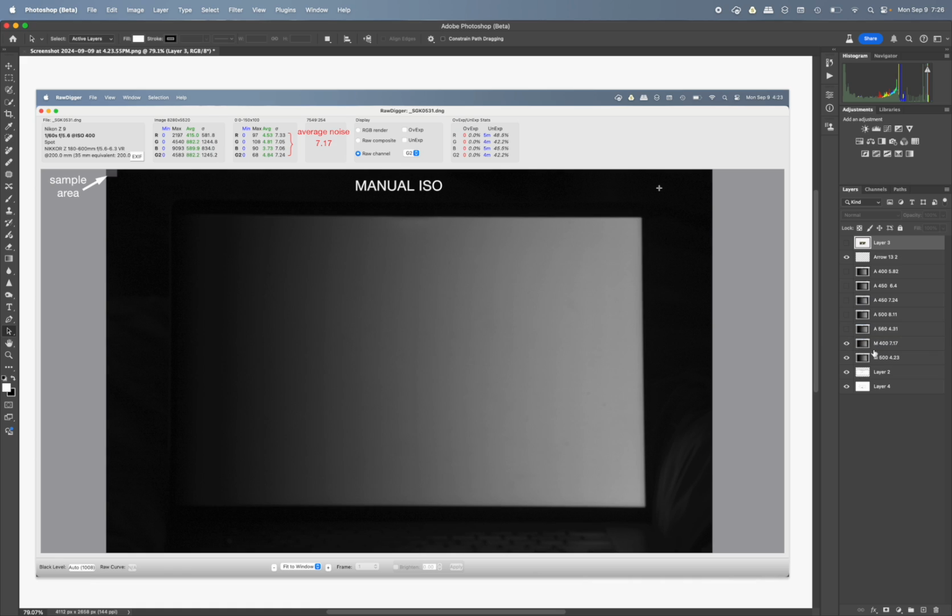Then I went to manual. In manual, the average noise was 5.17 at ISO 400. And that actually correlates to the ISO 450 that the camera said was ISO 500 back here. So the camera display showed this as being ISO 500, but it's 450, and it correlates with the 400 in manual mode.